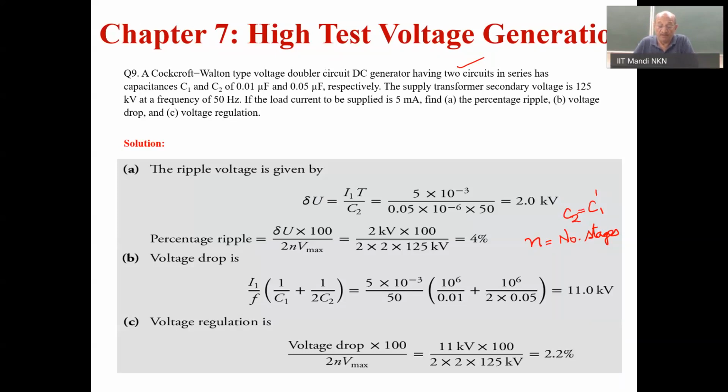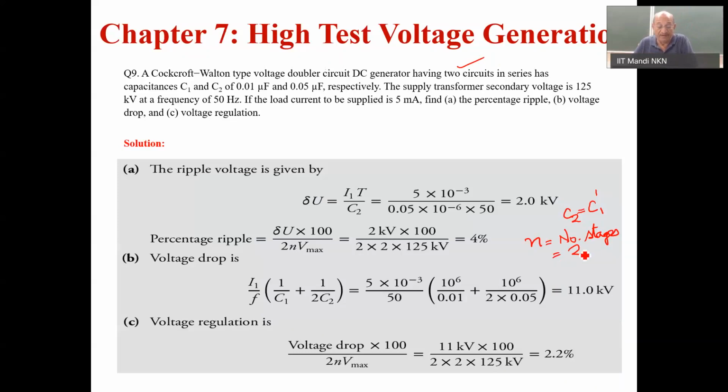So when the maximum voltage is 125 kV RMS, and you take delta U also in RMS, then U max is also in RMS on both sides. So that works out to be 4%. The percentage ripple works out to be 4%, with n equal to 2 here.